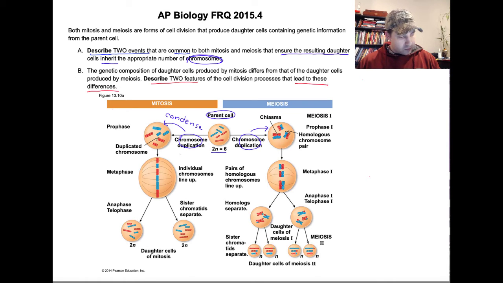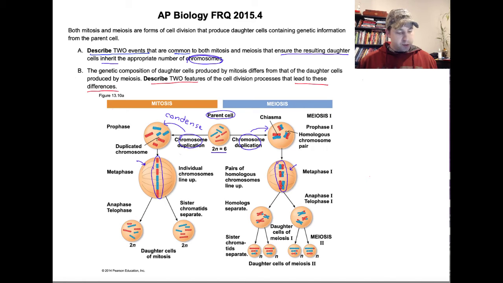I notice that in both scenarios, the chromosomes or genetic material are aligning at the center, at a metaphase type plate. This is going to be a really critical role in making sure that the right chromosomes make it to the right cells. I also see that both make use of spindle fibers to maneuver these chromosomes around the cells.